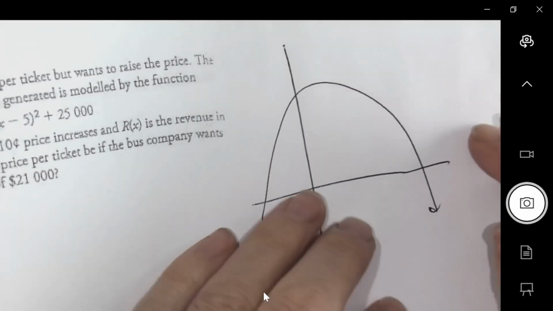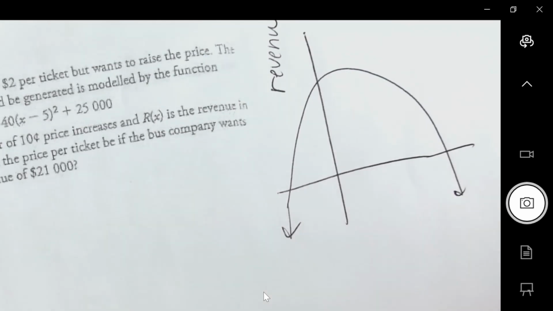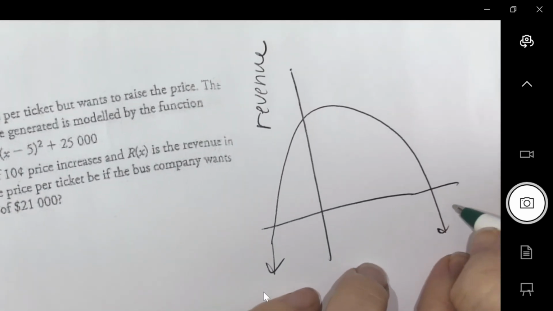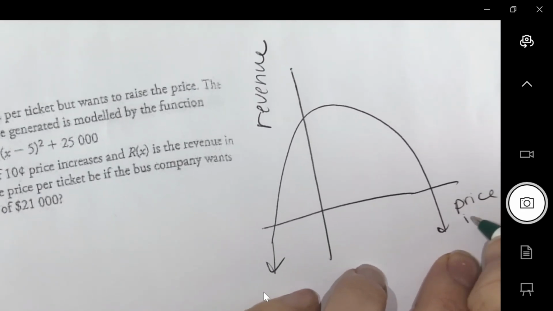Okay, so we have revenue, the money revenue, and price increases is this variable.